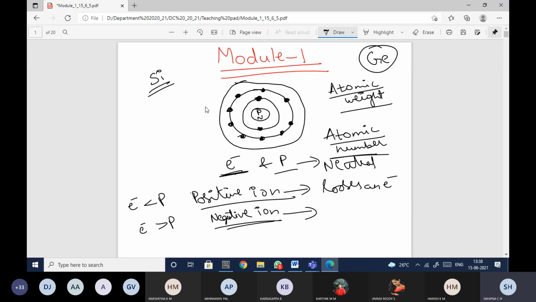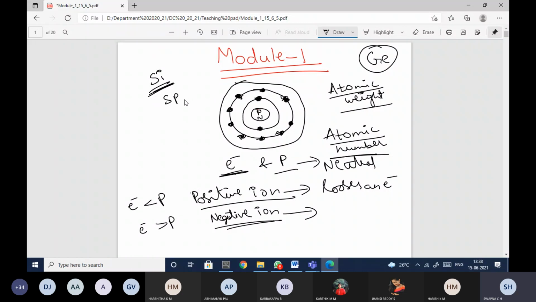Valence electrons are the electrons present in the outermost shell. I have randomly taken some electrons, I don't even know the count, but it is not like this. Each orbit or each shell has a specified number of electrons.